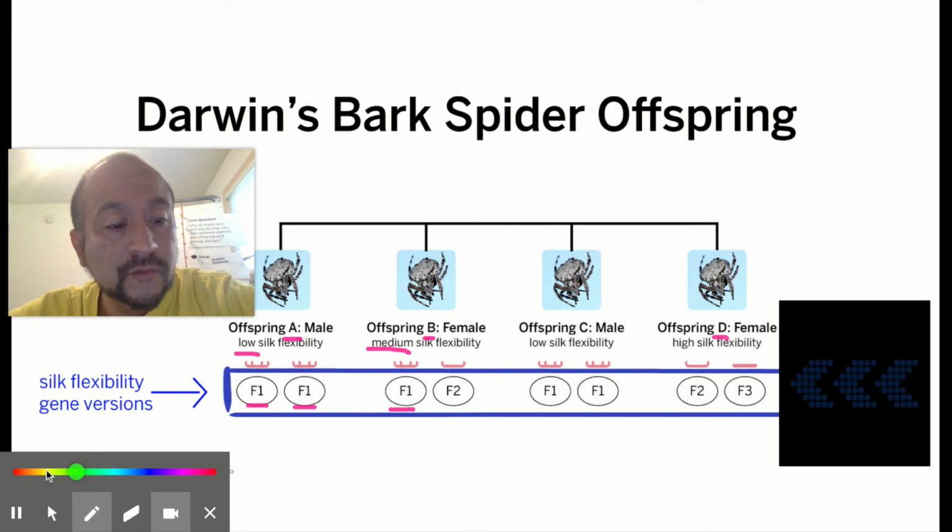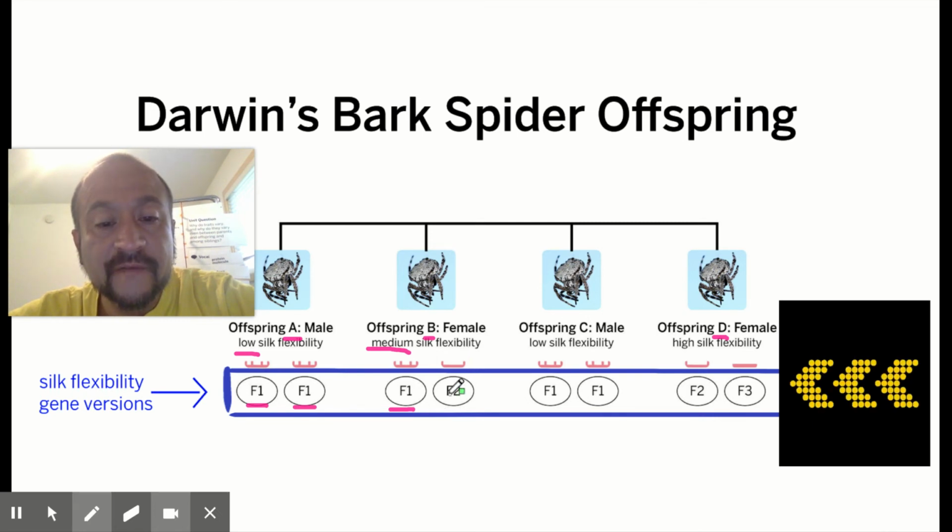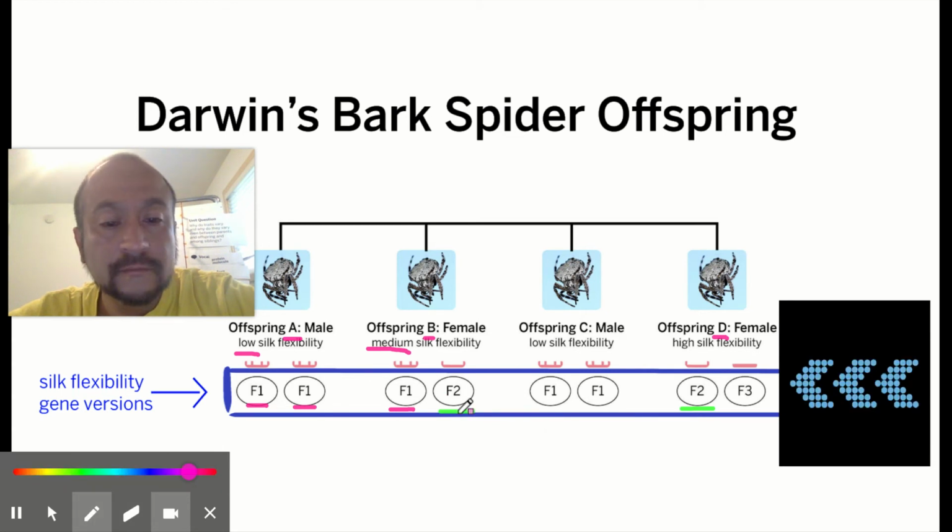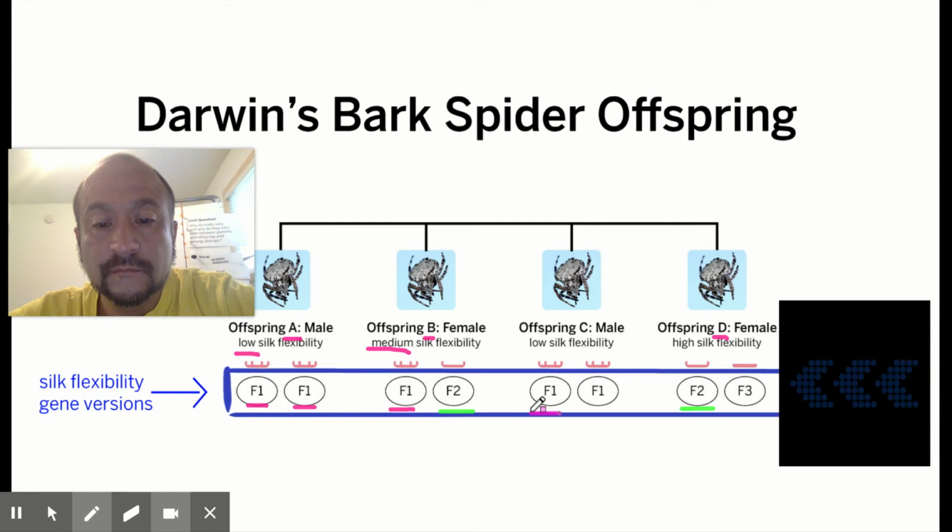Let's do green. For F2, we will mark it in green. And here's F2 again, and notice the F2s look the same. They have the same type of pattern. And we have F1 again.